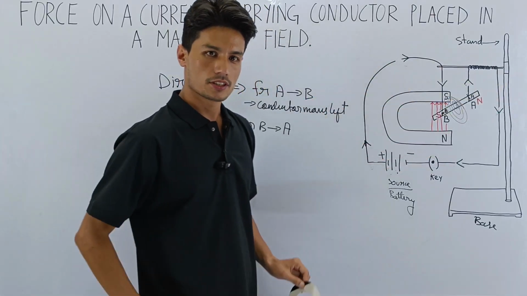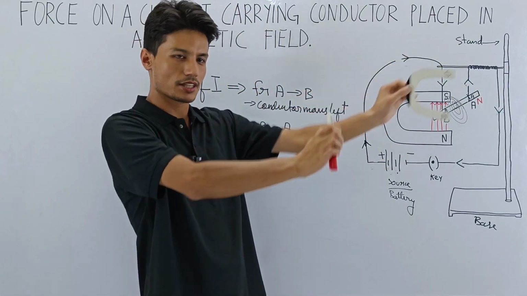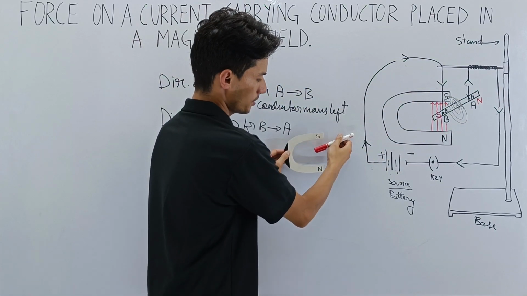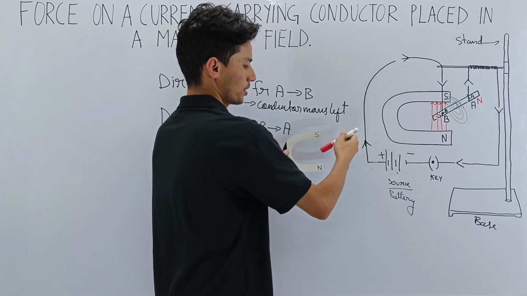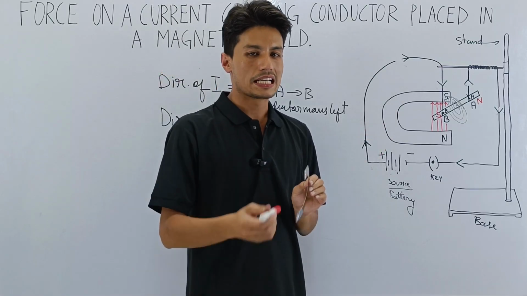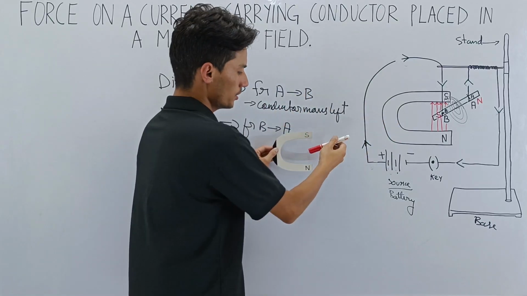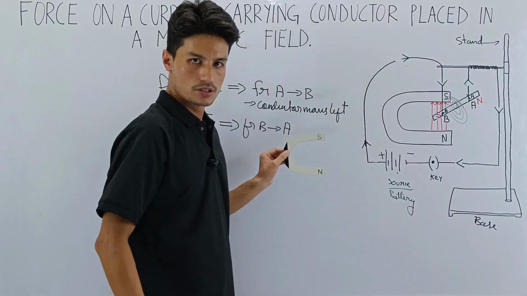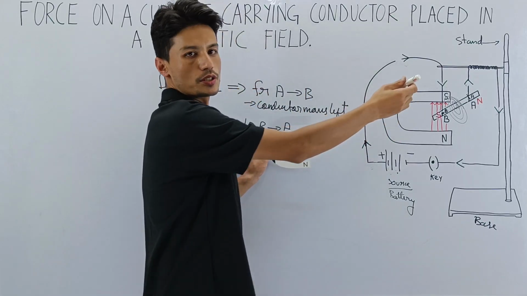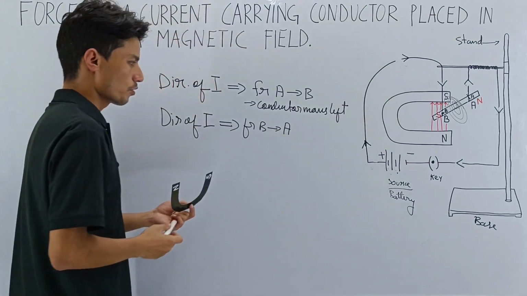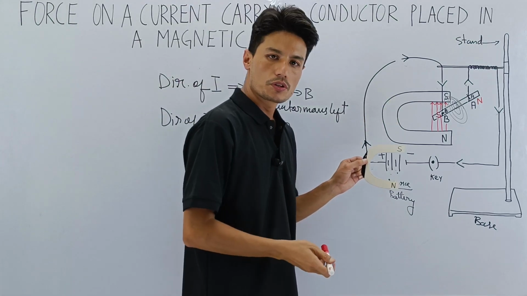They repel each other. Jao, dur mujhse jao, na? So repulsion, because two like poles repel each other. So this current carrying conductor will experience a force, and this time it will be repulsion according to your textbook.